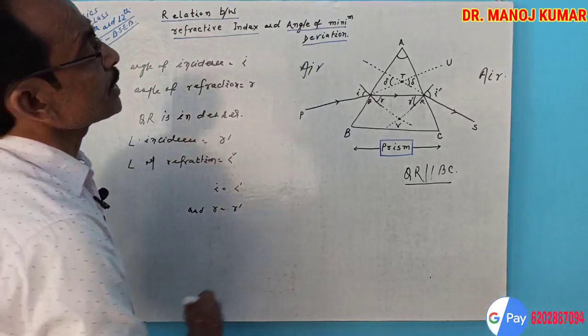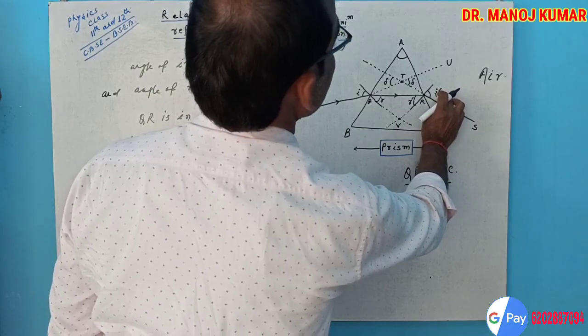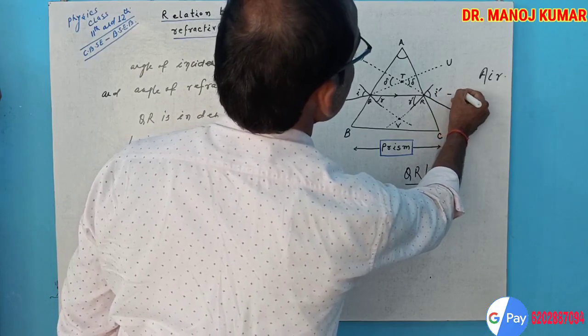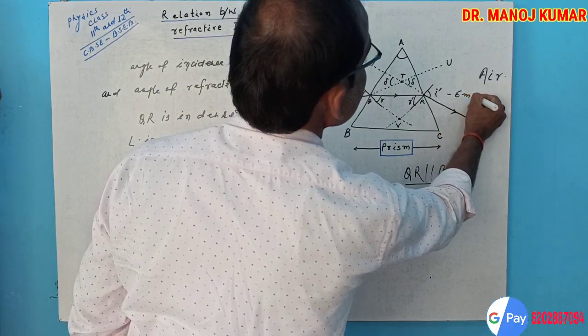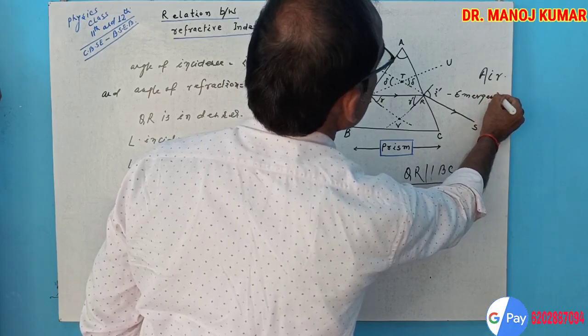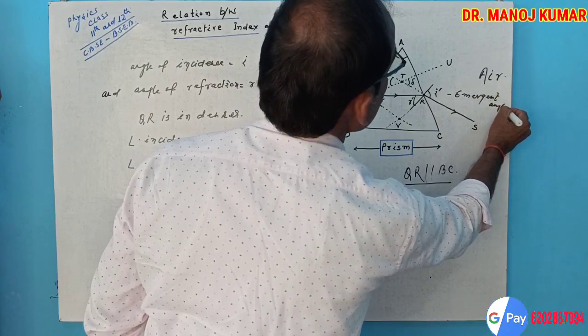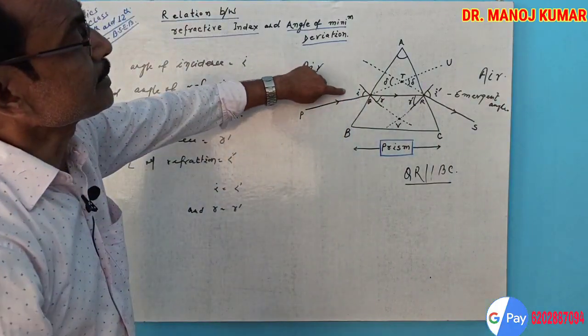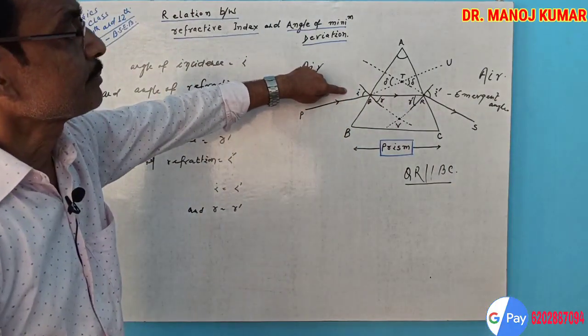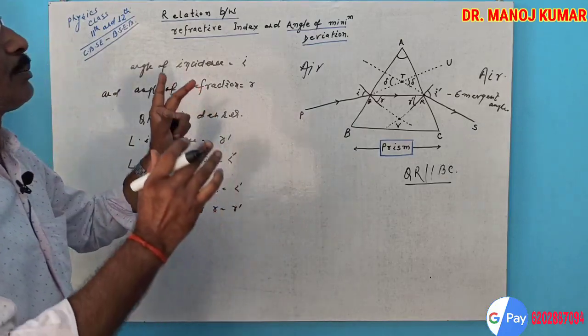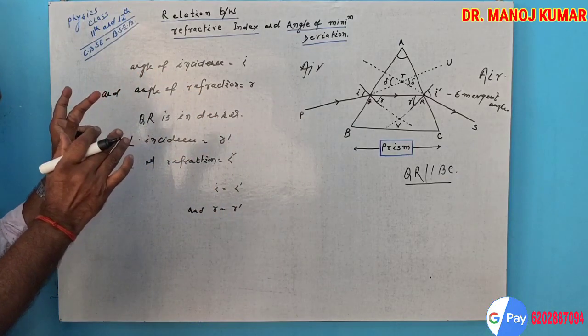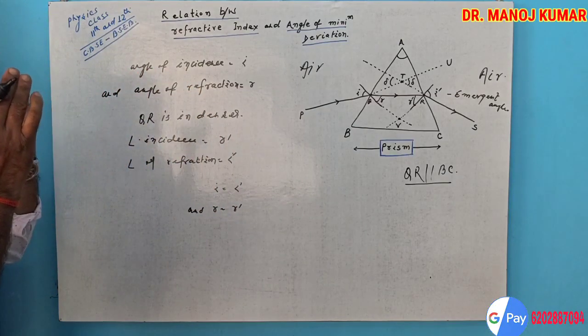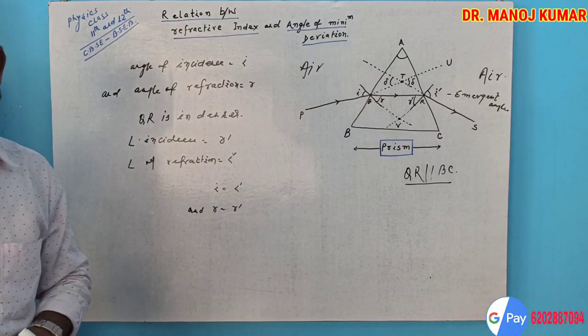Because here I dash is the emergent angle where I is the incident angle. Both angles are always equal in magnitude.